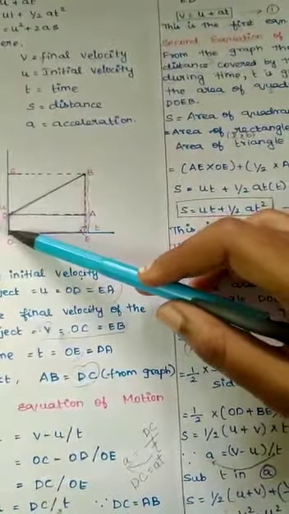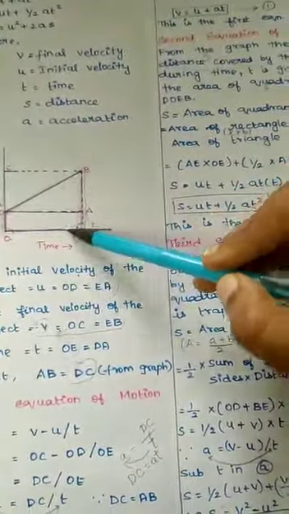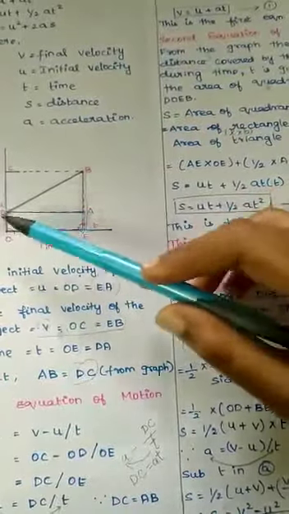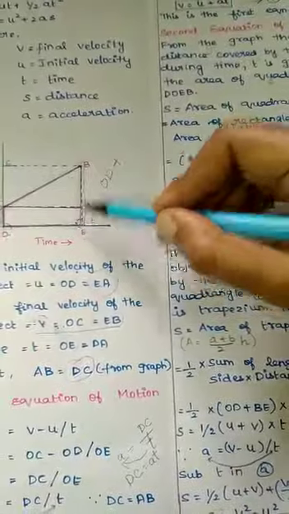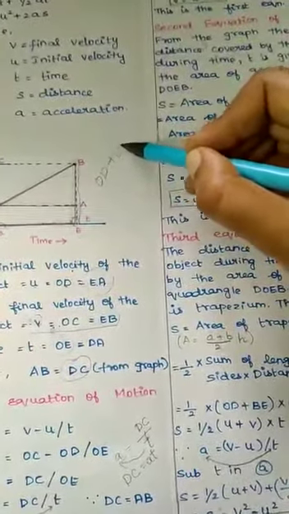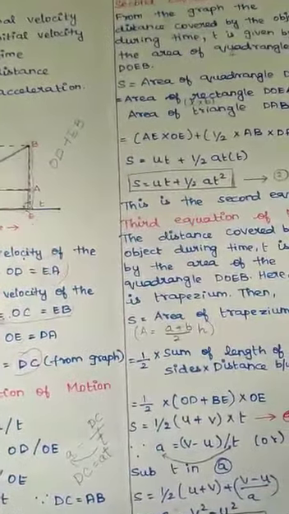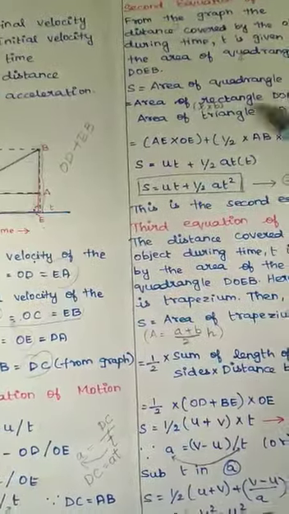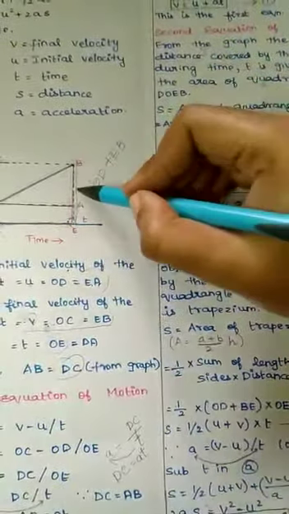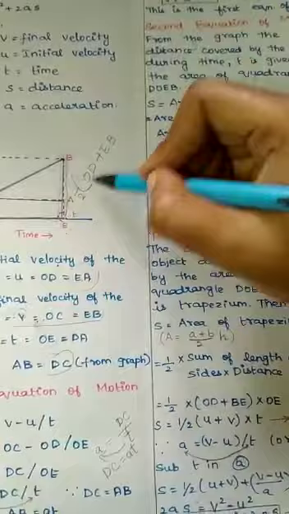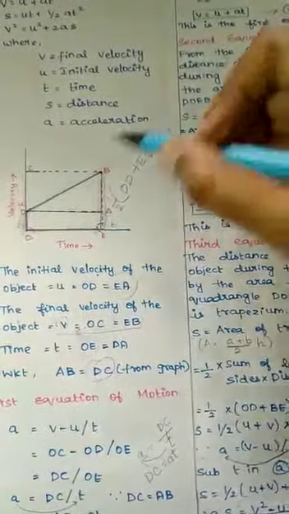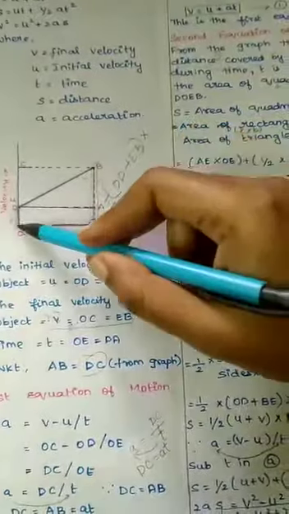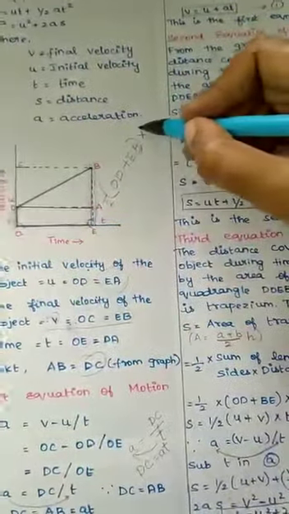So length is this length and this length. We are considering only this quadrangle. So this one length is OD, plus the other length is EB, or BE also you can write. So half into sum of the length of the parallel sides into the distance between the parallel sides, which is OE.